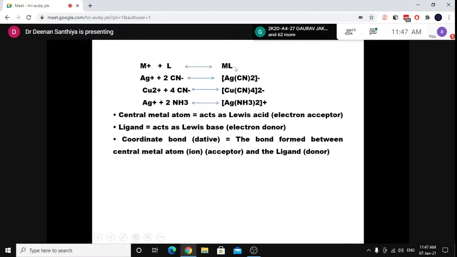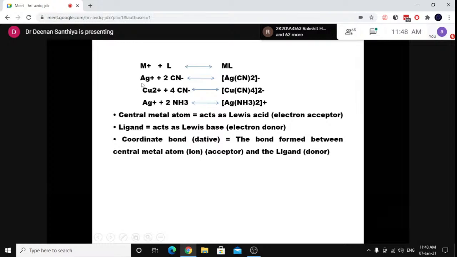For example, silver ion: the oxidation state is +1 and the coordination number is 2. This is 2CN, the ligand. The electron donating group is this C. The ligand will donate a pair of electrons to Ag plus. So Ag(CN)2 is the complex.